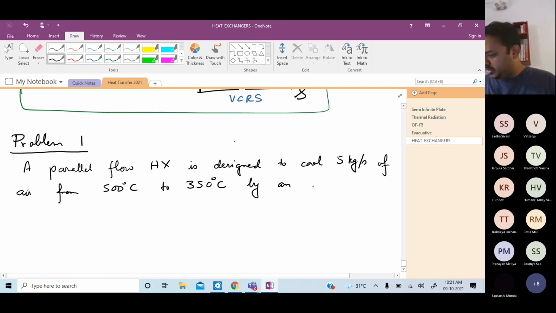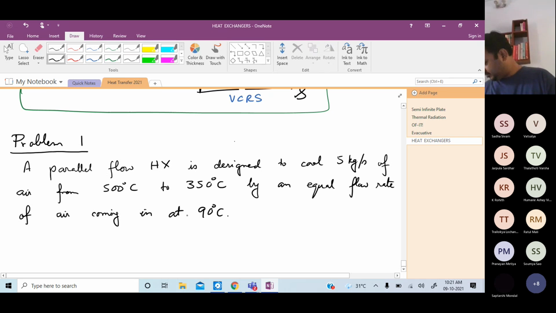By an equal flow rate of air again, coming in at 90 degrees C.